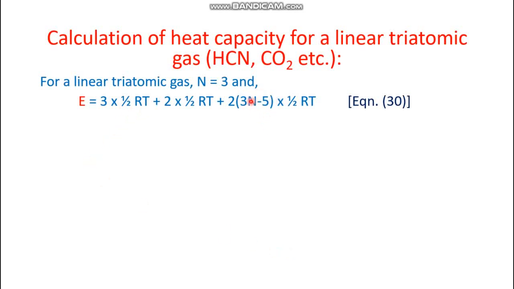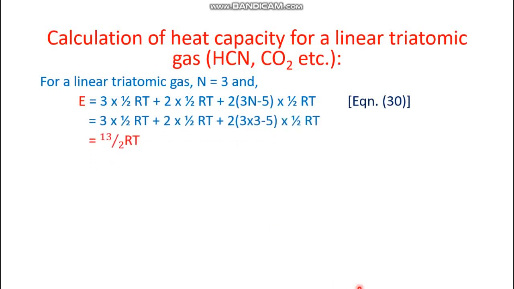Now we have to put 3 in place of this N. Then we can easily calculate: 3 times 3 equals 9, 9 minus 5 equals 4, 4 into 2 equals 8, 8 plus 2 equals 10, 10 plus 3 equals 13, that is 13 into half RT, 13 by 2 RT. Okay, so this is the energy.